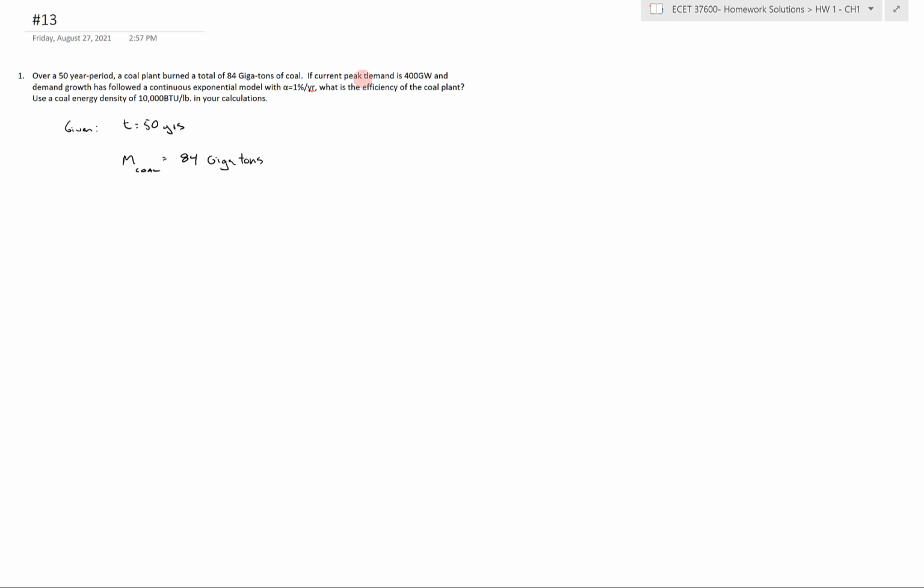We were told current peak demand is 400 gigawatts, so that's a power. Power is 400 gigawatts. Alpha is 1% per year. Those were the givens. And we were asked to find the efficiency of the coal plant.